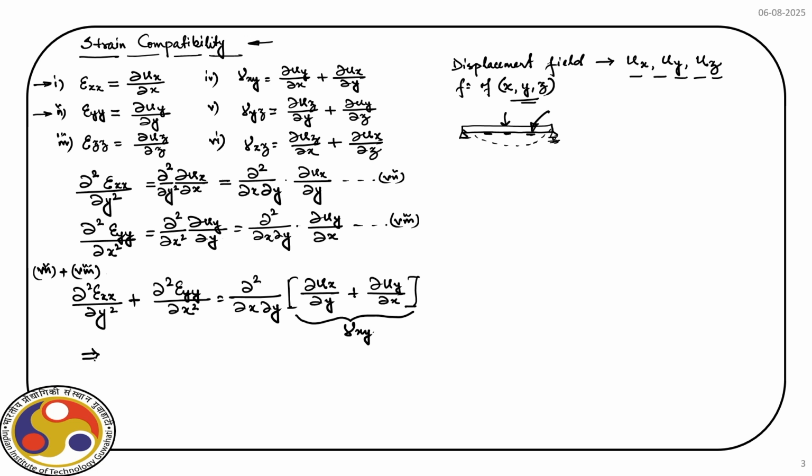So, we get a new relation: epsilon xx differentiated twice with respect to y plus epsilon yy differentiated twice with respect to x is equal to gamma xy differentiated with respect to x and y. So, this equation is equation, say, 9, okay?